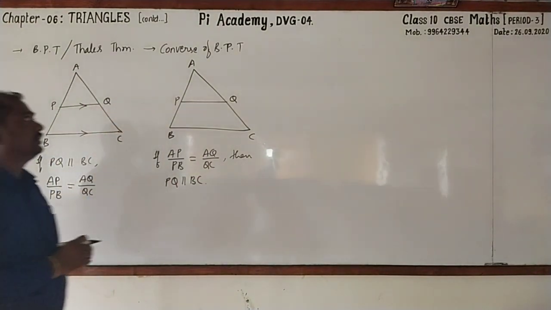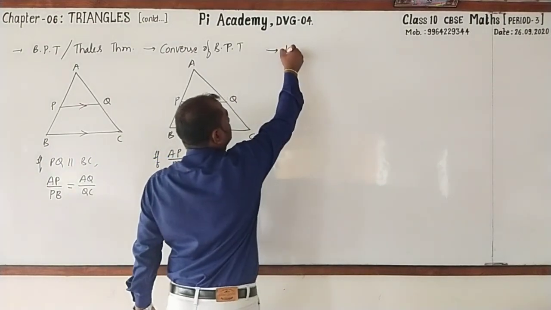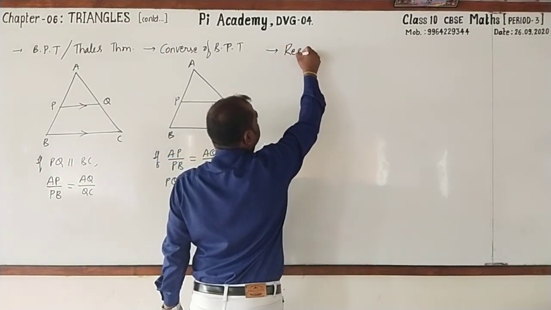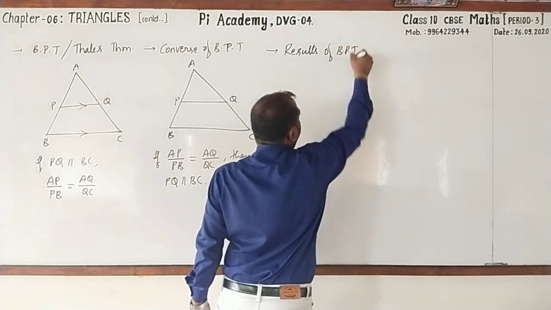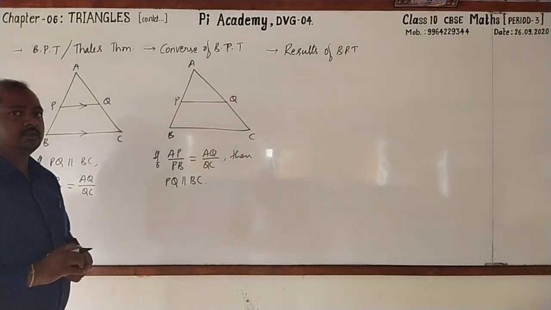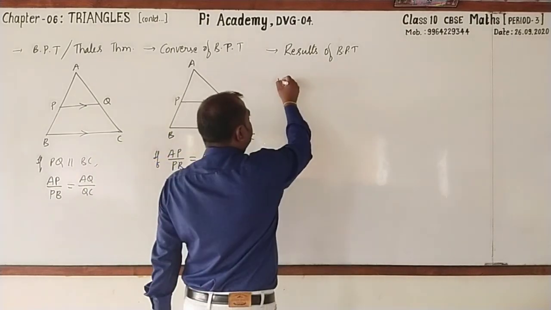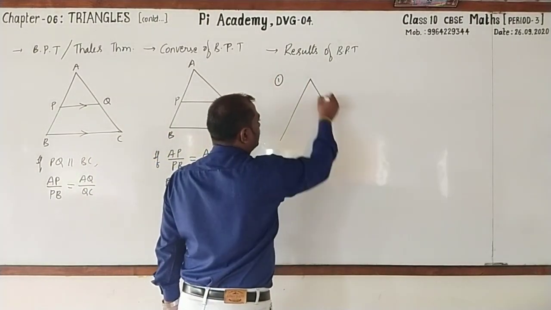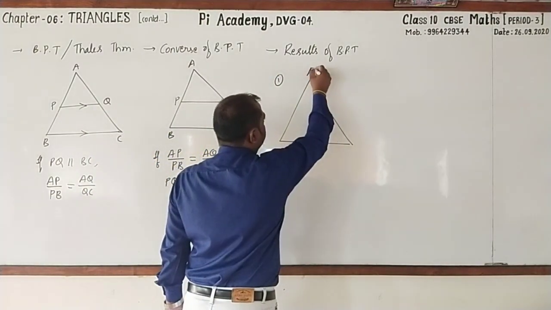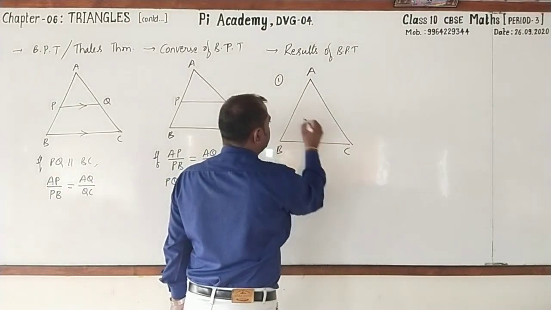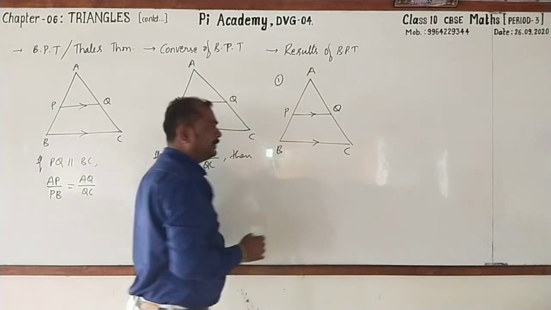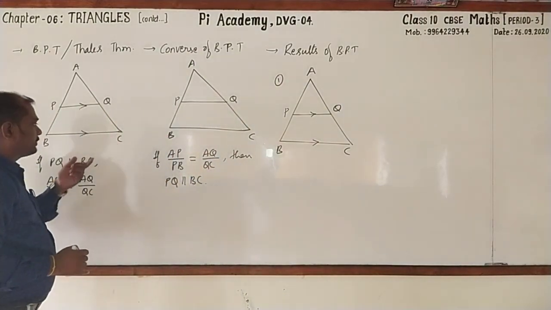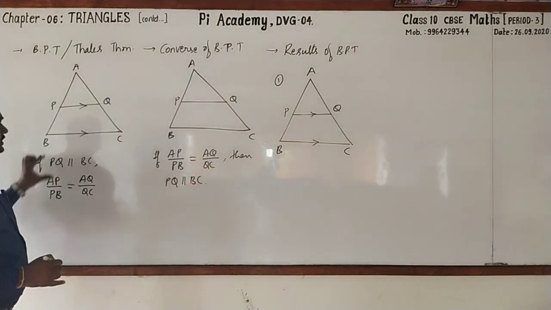Then after that, we come across the third important point, that is the results of BPT. Then what are these results? The first one, look here. In a triangle ABC, a line is drawn, call it PQ. This is parallel to BC. When it is parallel to BC, it divides two sides proportionately.